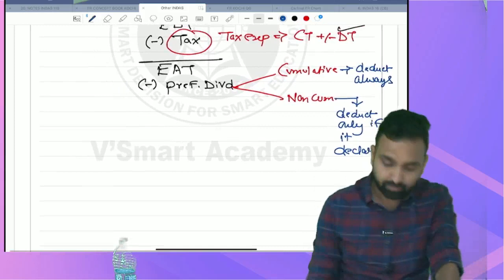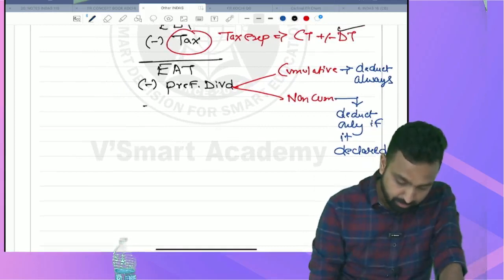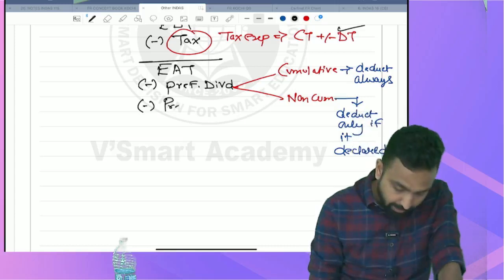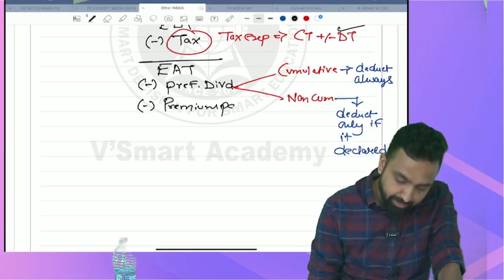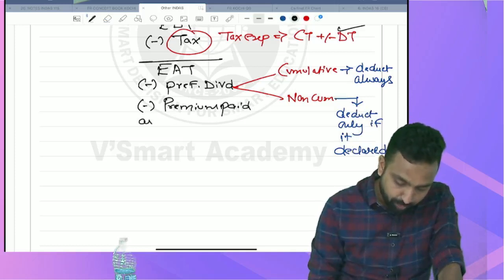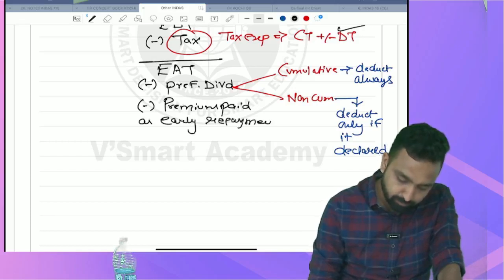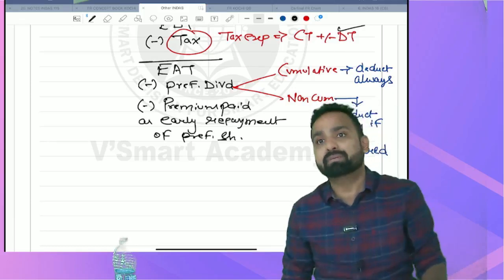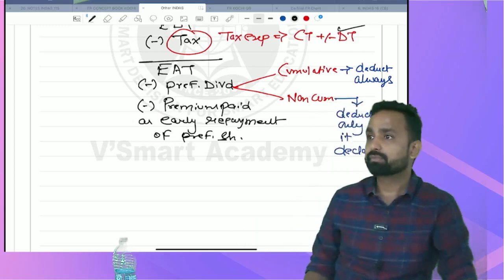Okay? Then minus any premium paid on early repayment of preference shares. We redeemed the preference shares and we paid a premium, to be deducted.